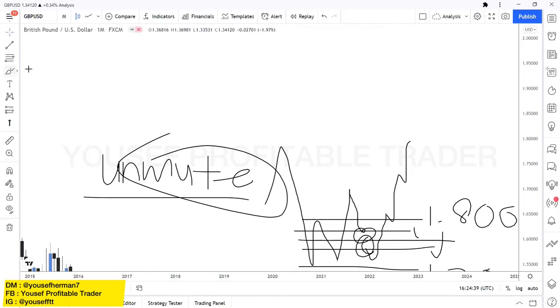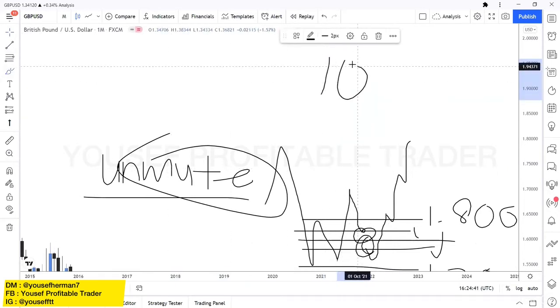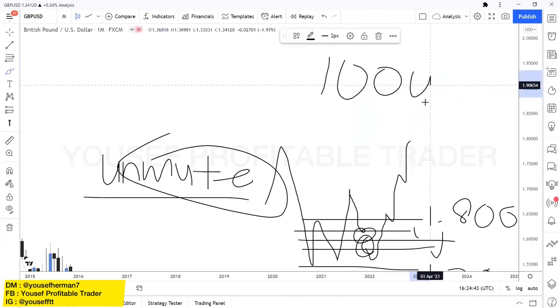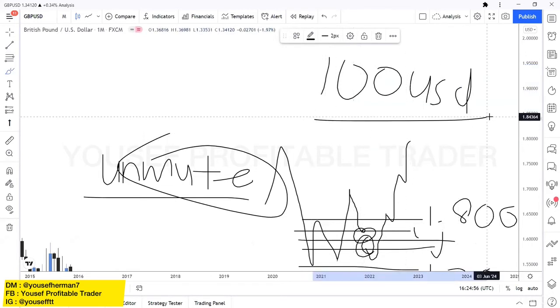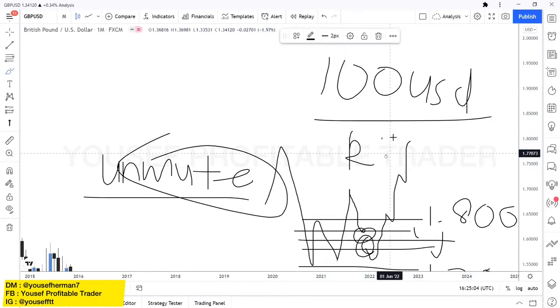I would like to suggest you use 100 USD and above. This is for your account to be able to withstand the volume where you make an entry. The 100 USD is, first and foremost, for you to have a better risk to reward.